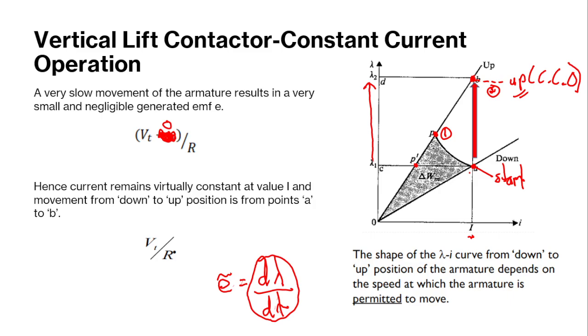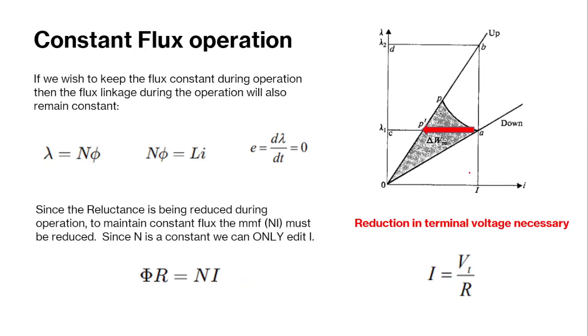So that's basically constant current operation: slow, small lambda, small e, current is Vt over R, constant I, and the flux linkage will increase because the flux linkage is due to how much cutting you have. The cutting will still happen, but how fast the cutting happens is what changes.